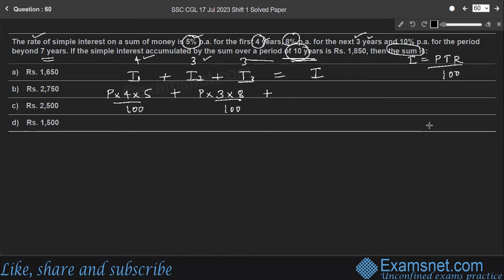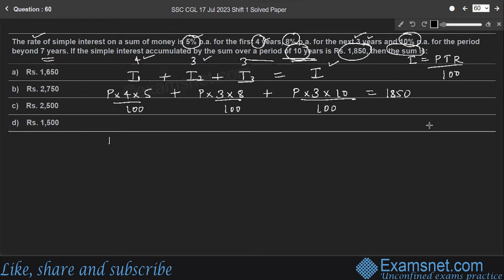For the last 3 years, principal into 3 years into rate of interest 10% by 100 is equal to the total simple interest already given, 1,850 rupees. Here we need to find the sum or the principal.